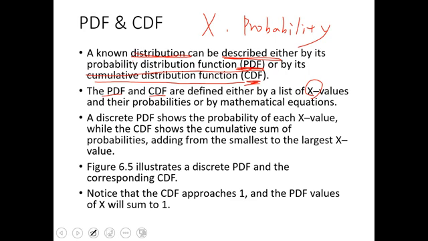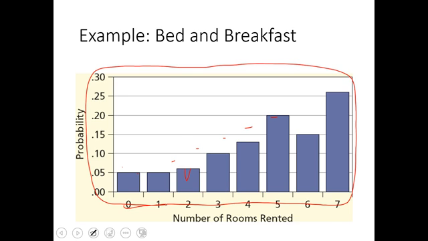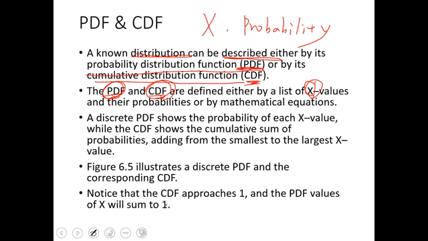Every random variable x is defined by its probability density function or cumulative distribution function. This kind of figure or table represents the probability density function.